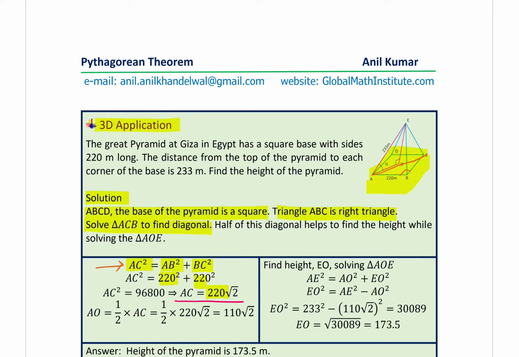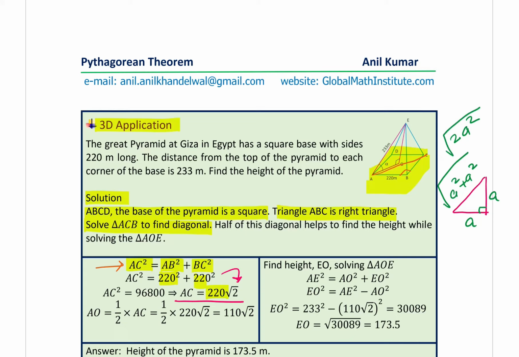AC square is that much. Use a calculator. However, you could go from here to there directly, since you should understand that in any isosceles right triangle, let's take a special case, okay? If the sides are the same, A and A, for a right triangle, then this side will be what? The square root of A square plus A square, correct? Which is the square root of 2A square.